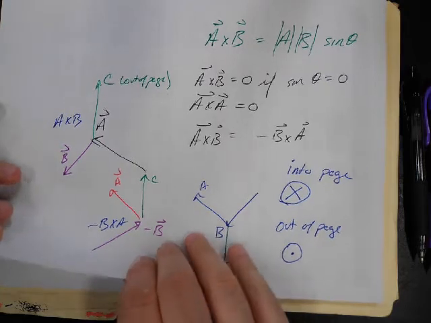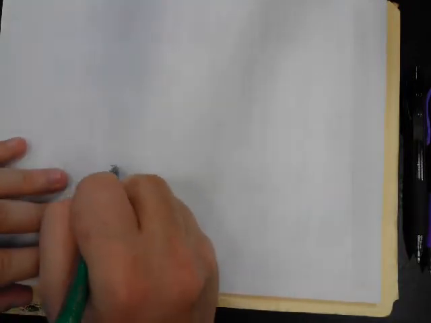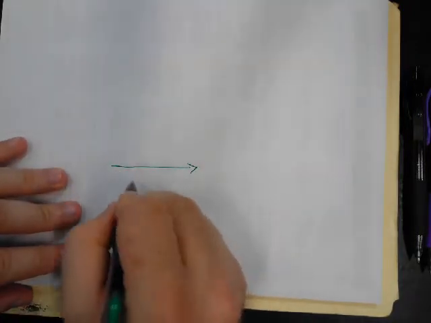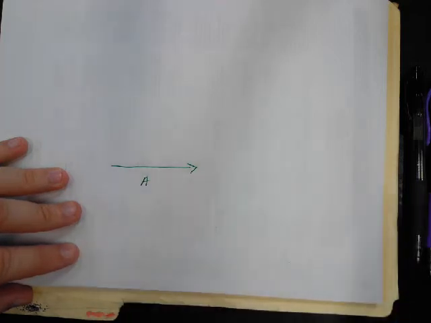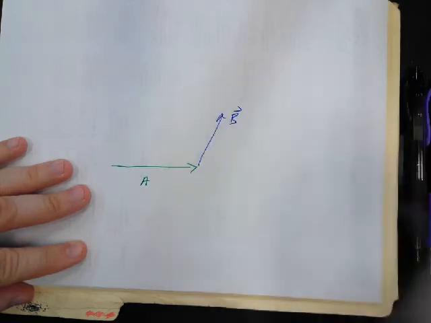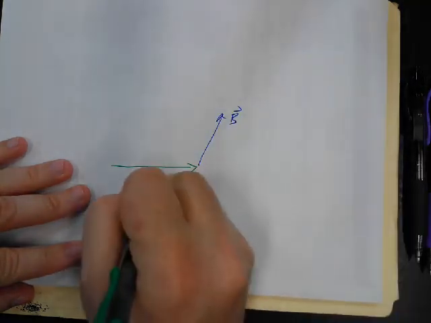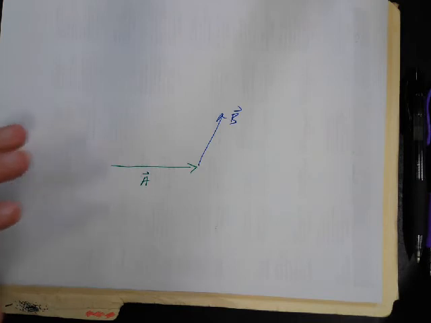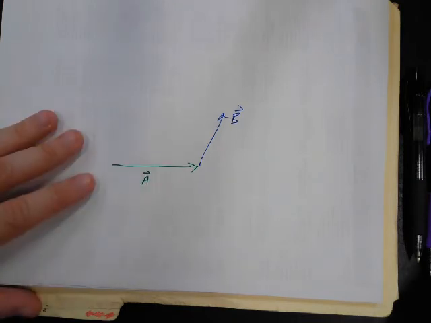I'm going to redraw this picture again because I wanted to talk a little bit about this right-hand rule. So we have A here and we have B here. And we want to ask, which way is our right-hand rule going to work?